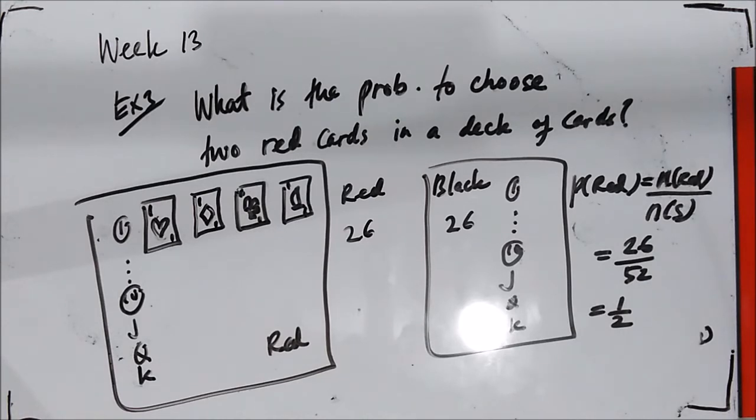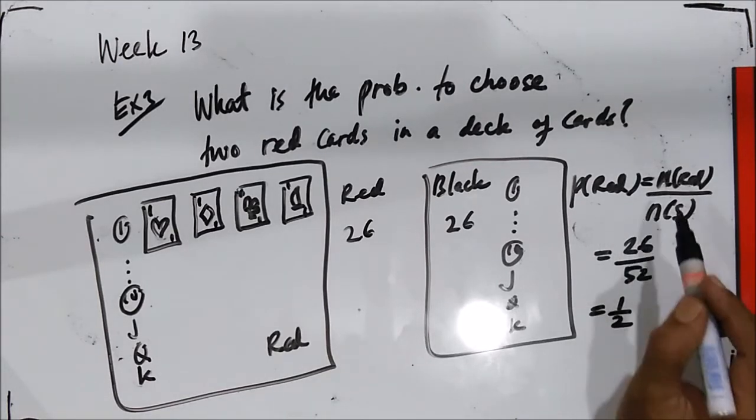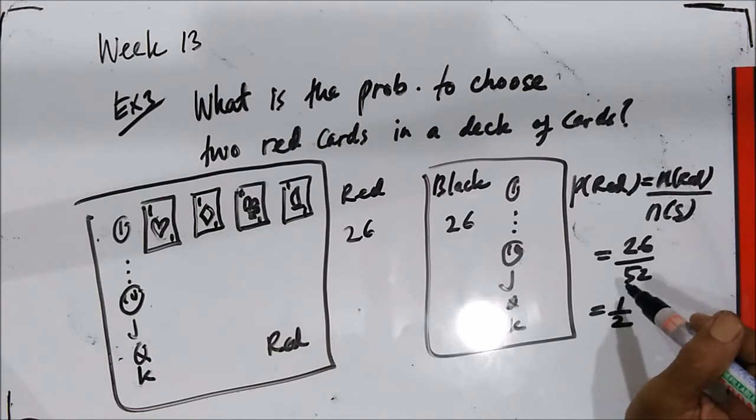So now the probability of getting red is 26 over 52.